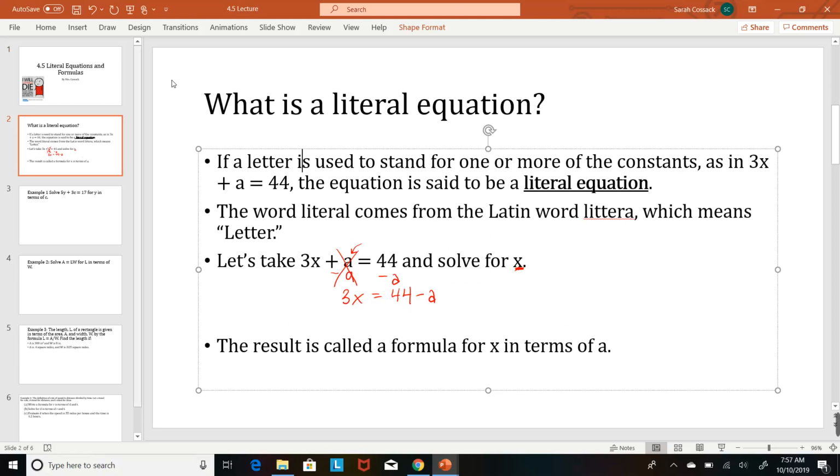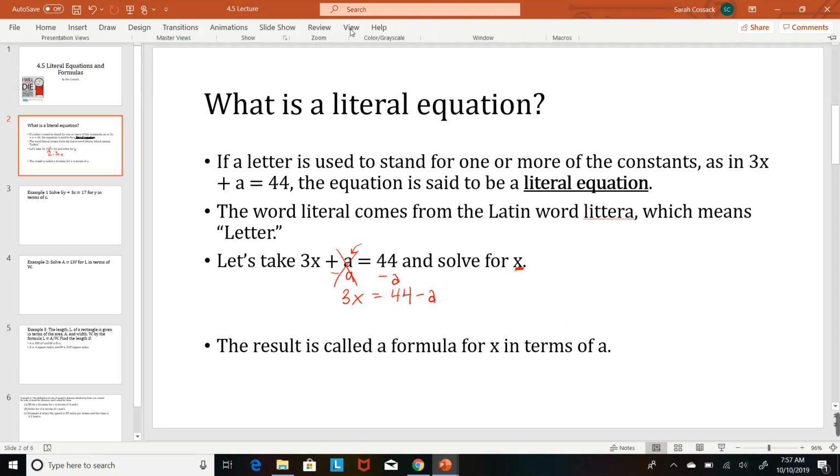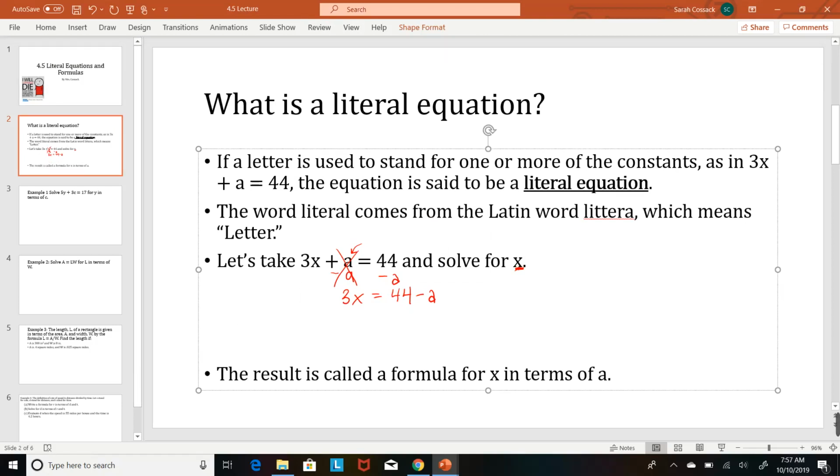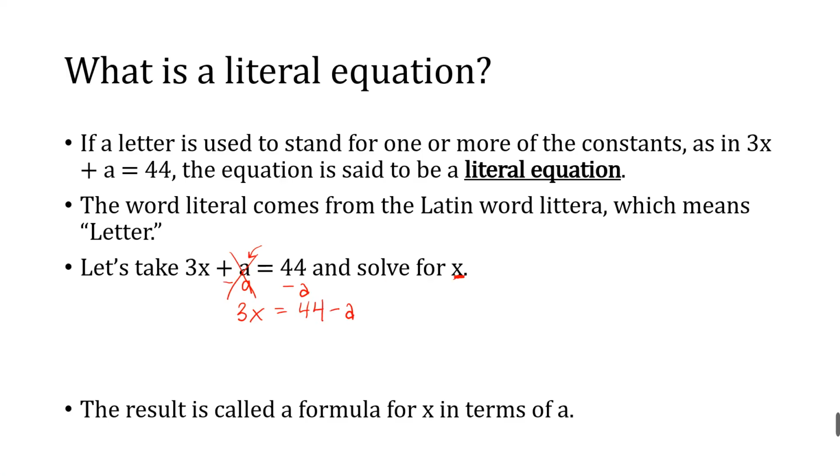Okay, I'm going to divide both sides by 3 to get x by itself. Now I could write my answer as 44 minus a, divided by 3. That is the correct answer.